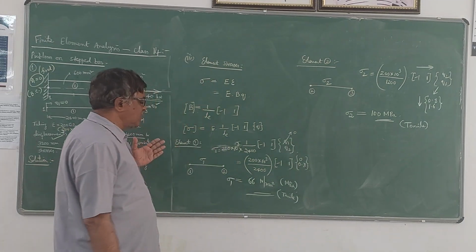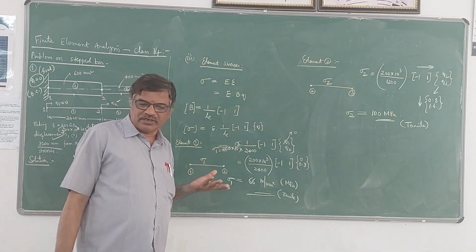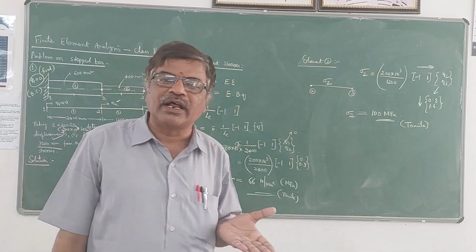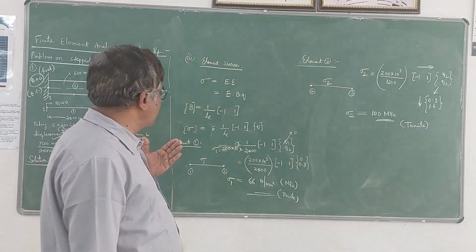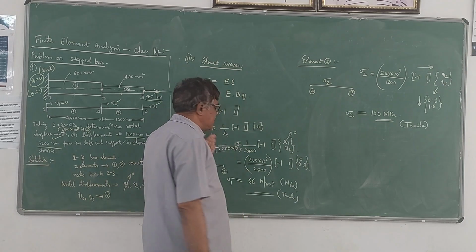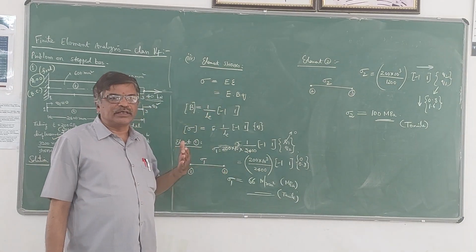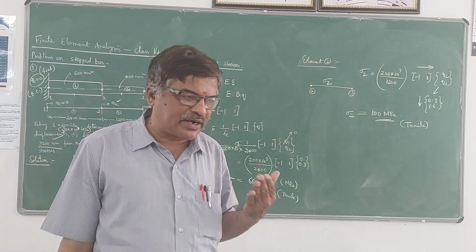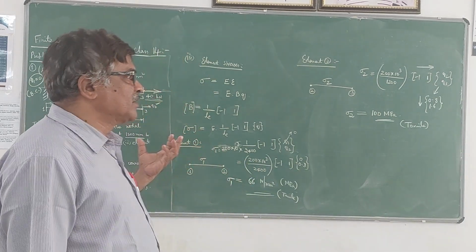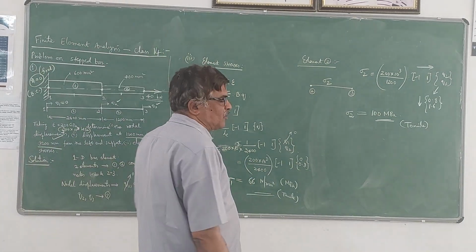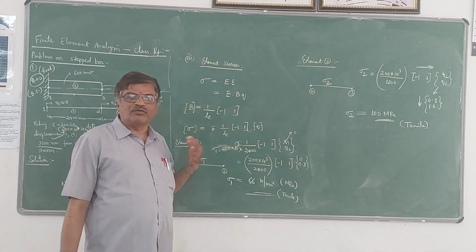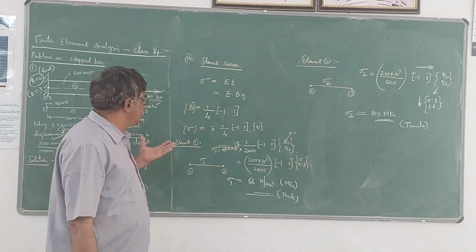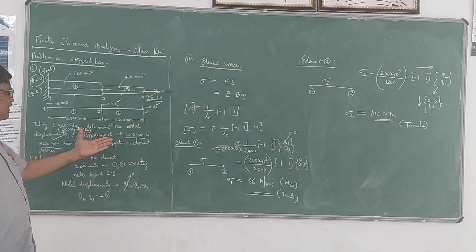Then, using the equation F is equal to K into delta or K into Q, we have found out Q is equal to K inverse into F. By writing the global force vector and global stiffness matrix, we have found out the nodal displacement vector. Afterwards, the problem asked for the displacement at some point within the element.